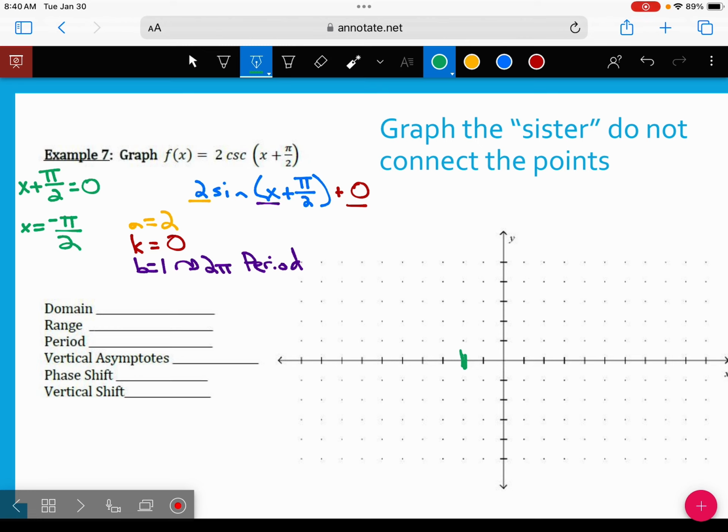From there, we would make a hash mark 1 period away, and here our period is 2 pi. So we have to make it 8 jumps away, because every jump is pi over 4, or 45 degrees. Once we have the beginning and end of our period, we take the middle, and the middle of the middles, to give us 5 values.